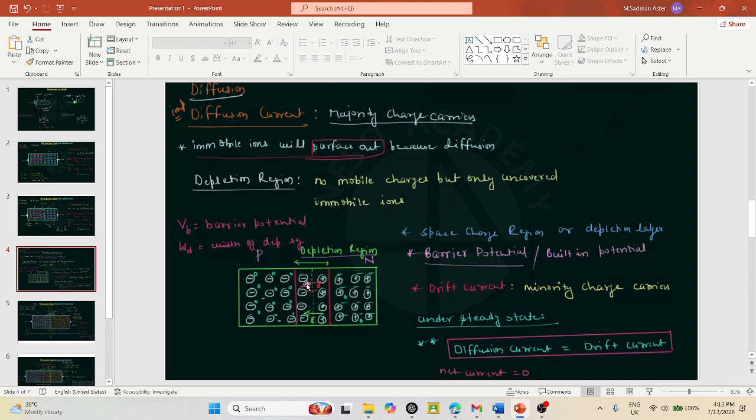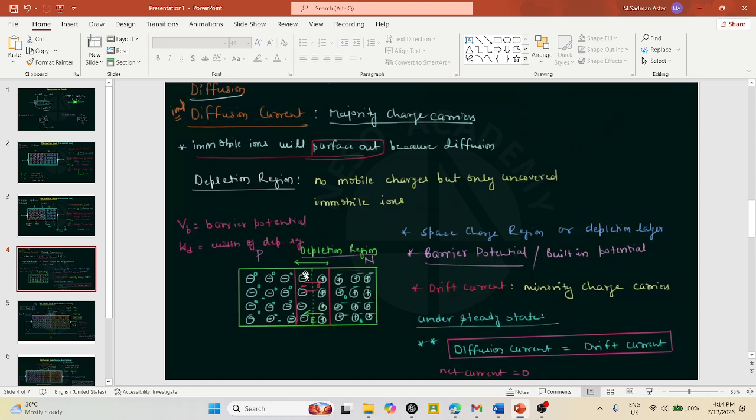For this reason immobile ions will be uncovered, and this is because of diffusion, because due to the higher concentration gradient of holes on the p side, the holes will tend to pass through this p-n junction and get recombined with the electrons, and due to the higher concentration of electrons on the n side, the electrons will tend to get recombined with holes on the other side.